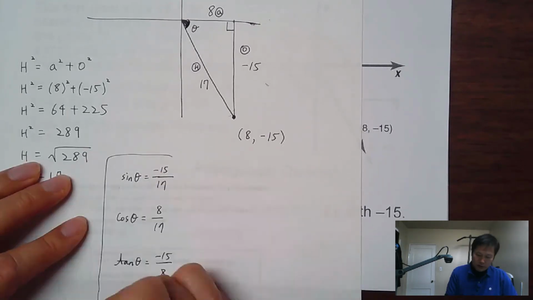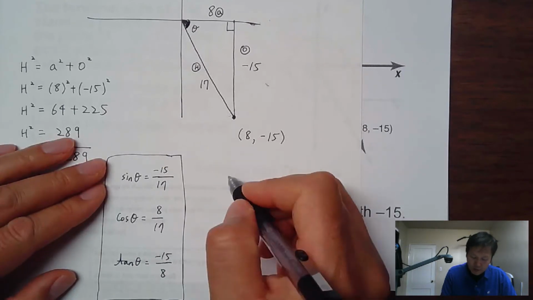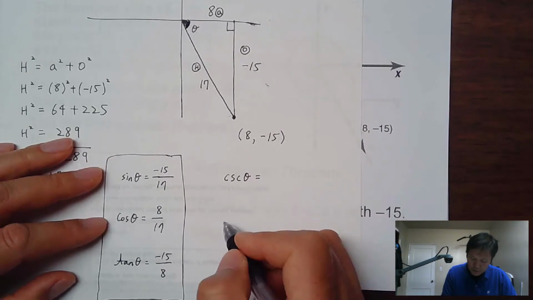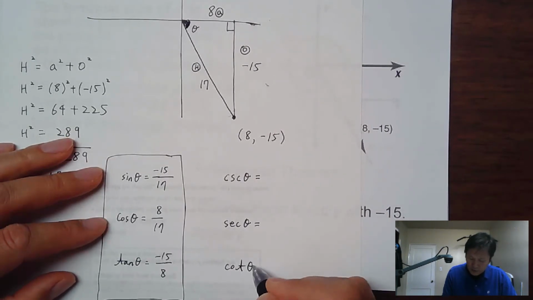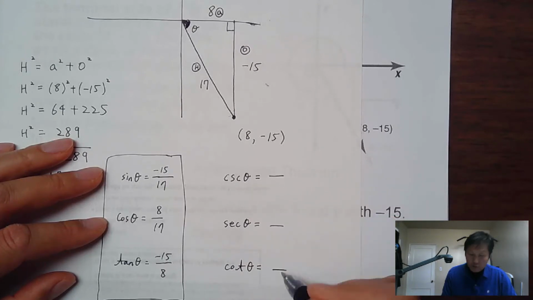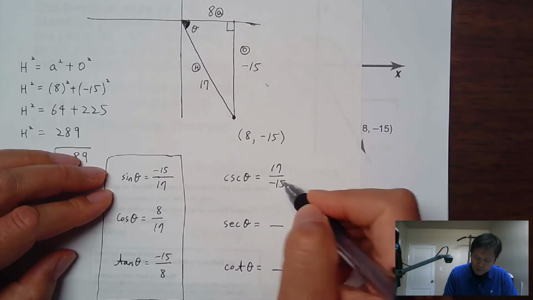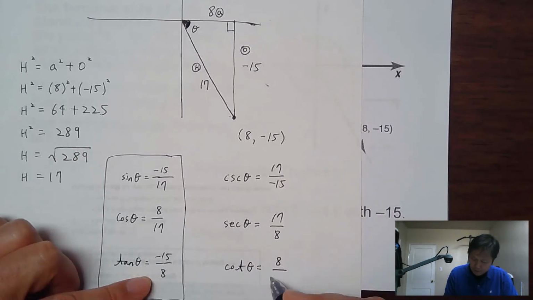So these are the answers, and you have to find the reciprocals, which are cosecant theta, secant theta, and cotangent theta, each the reciprocal of the corresponding function. So flip it, flip this, flip.